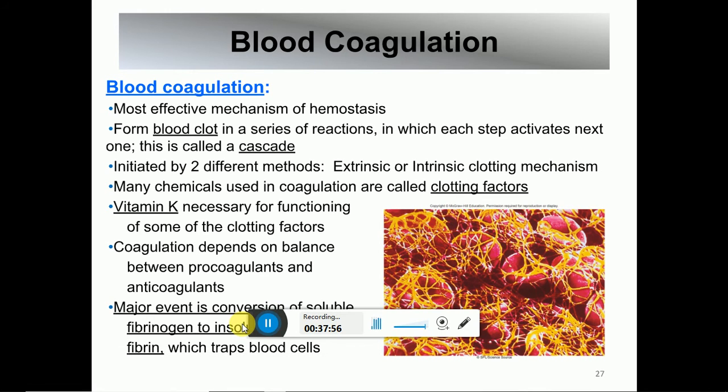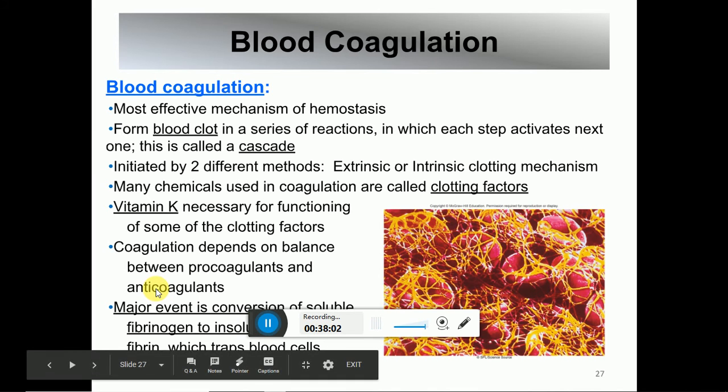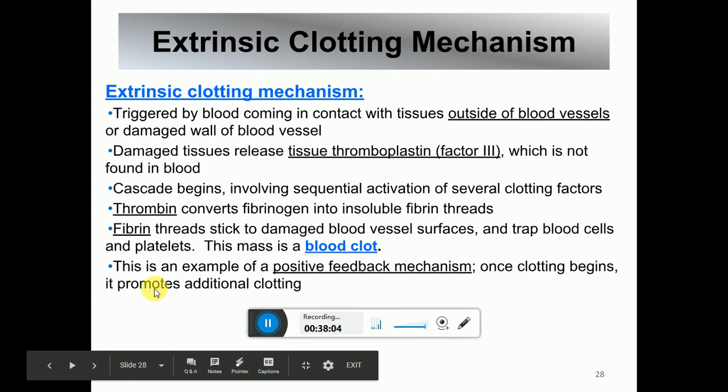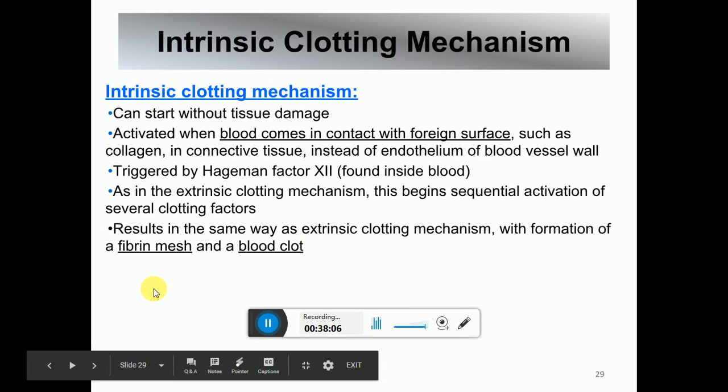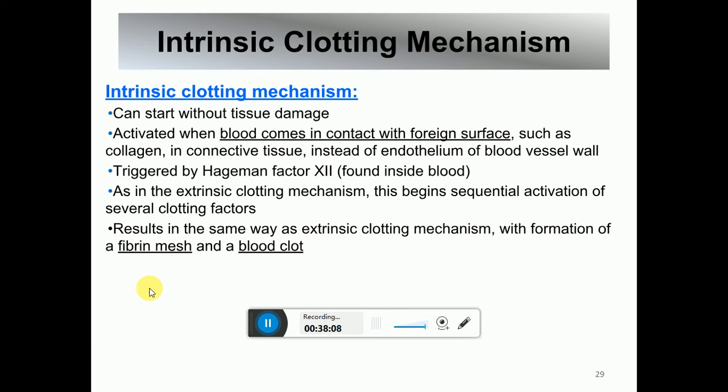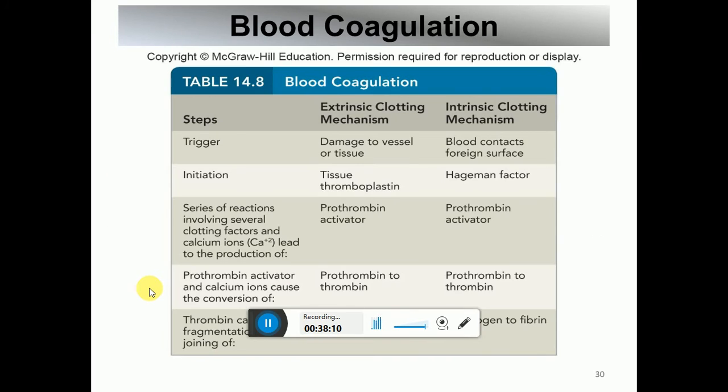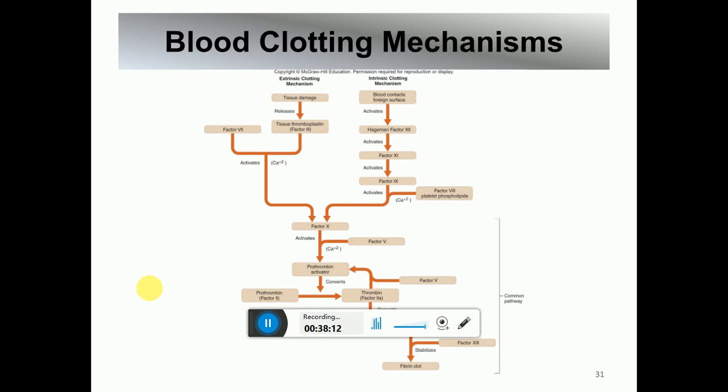Now, there are two different pathways that can lead to a blood clot, known as the extrinsic pathway and the intrinsic pathway. I'm going to go straight to the image in order to compare the two different pathways.